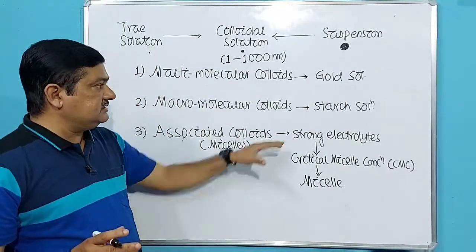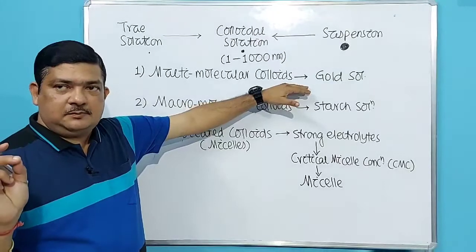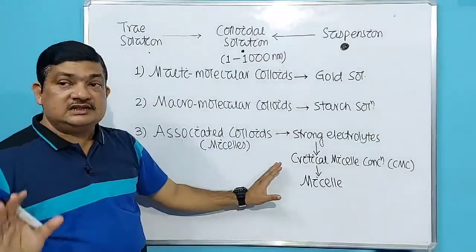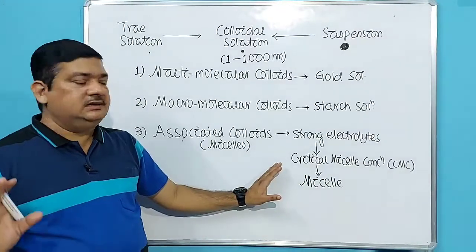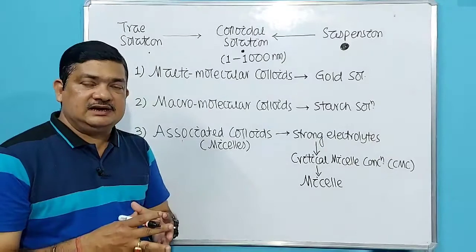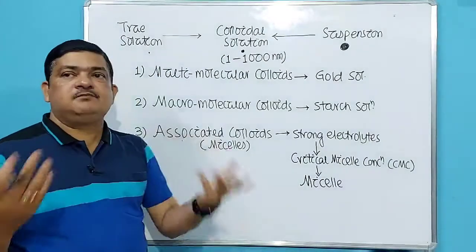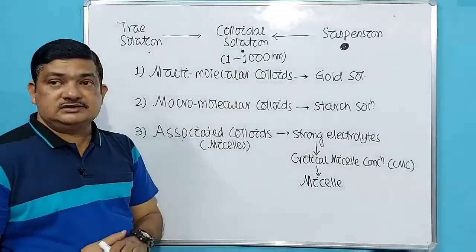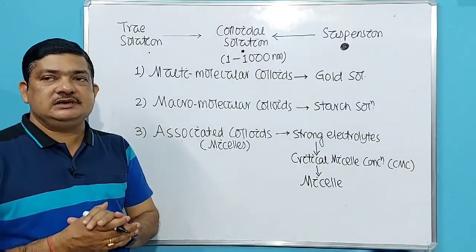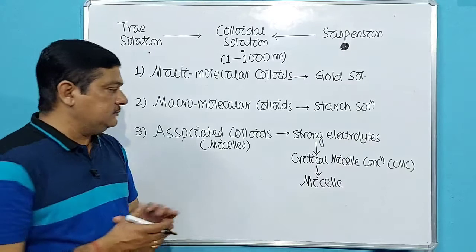Okay. So what is the difference? In this case, small particles combine to form a larger unit which falls in the range. But here, these are strong electrolytes which exceed a definite concentration, then they get aggregated. They form a micelle and it falls in the range of colloidal solution, and only due to formation of micelles is the cleansing capacity of soap or detergent there.